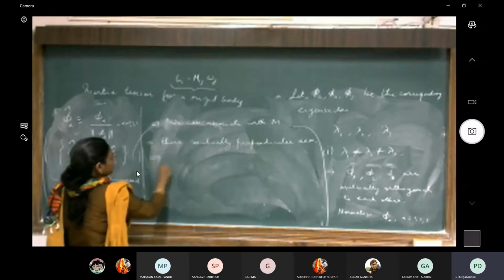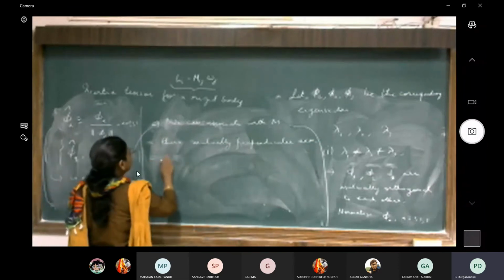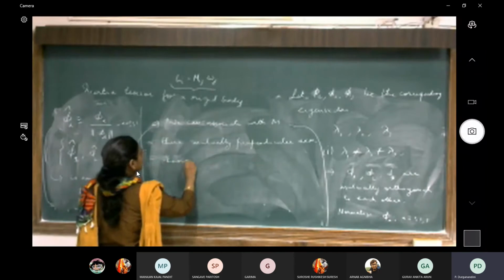And these axes are known as the principal axes of inertia.